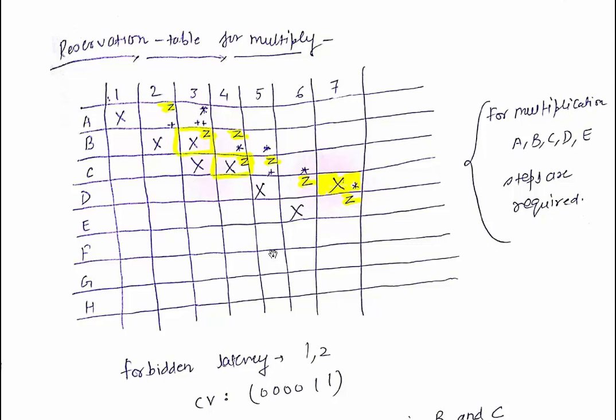So let's say for multiplication you need A B C D E, 5 steps. So A has only one check mark, B has 2 check marks. Ignore the Z, the plus and this star; just listen to what I am saying.